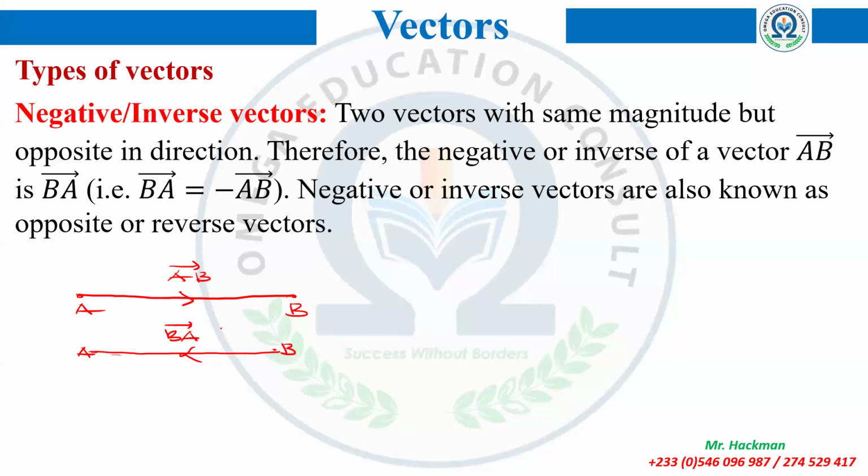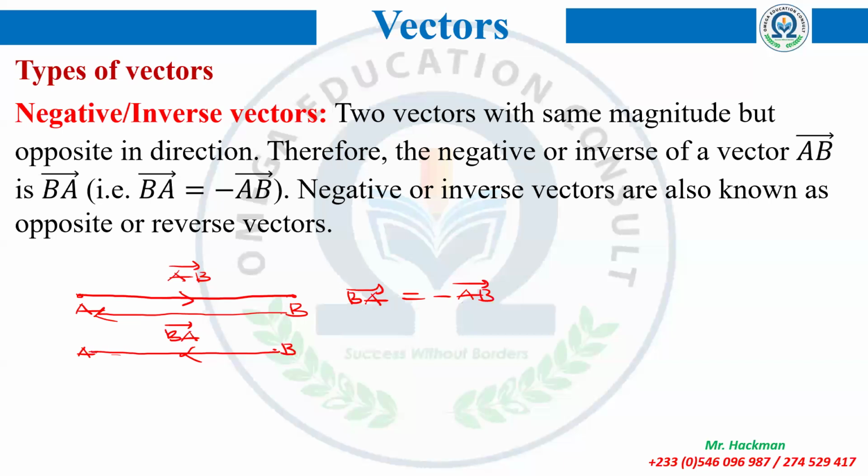My initial point is now B, my terminal point is now A. These two vectors will have the same magnitude, but they are moving in the opposite direction. So if I move in this direction, then I'm talking about BA. So we'll say that your vector BA is equal to minus the vector AB.